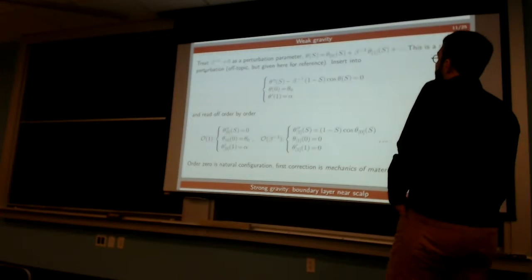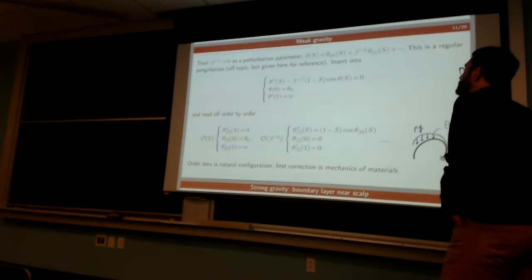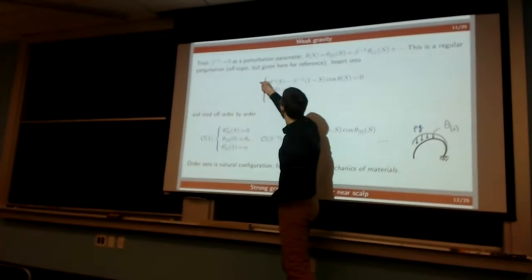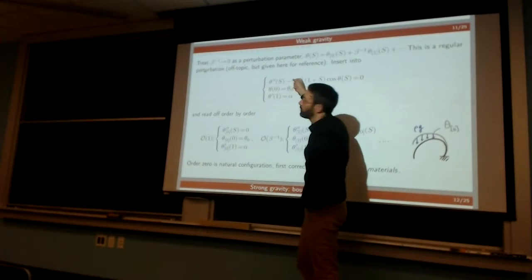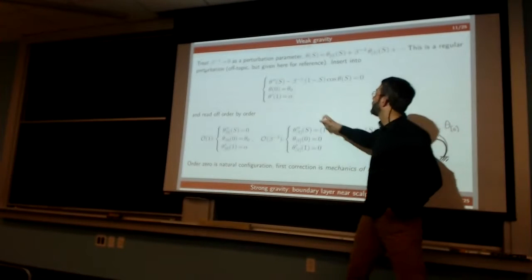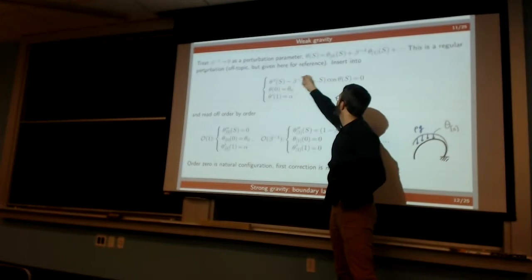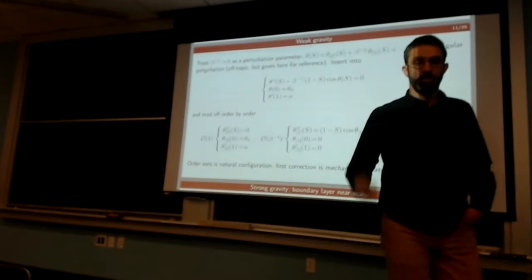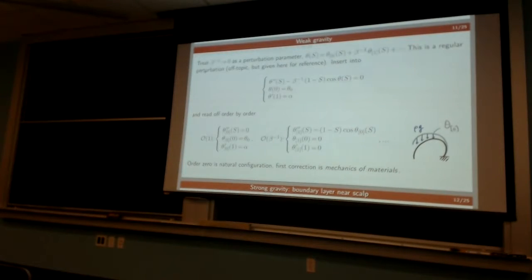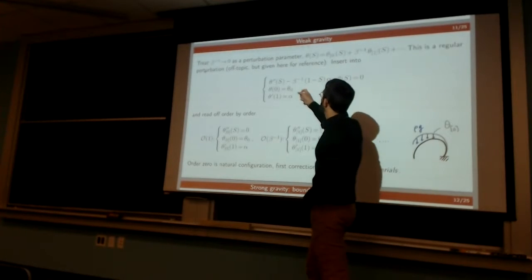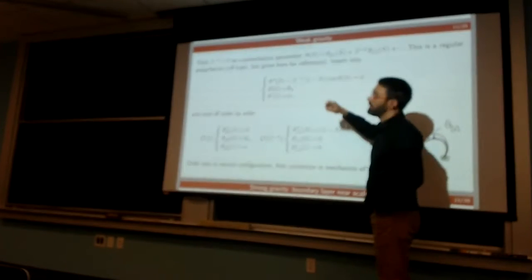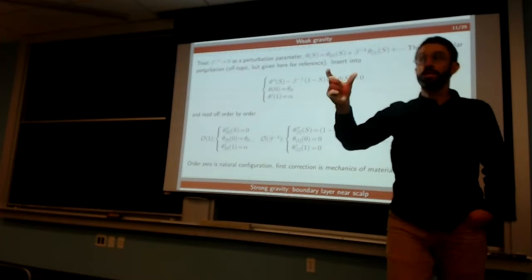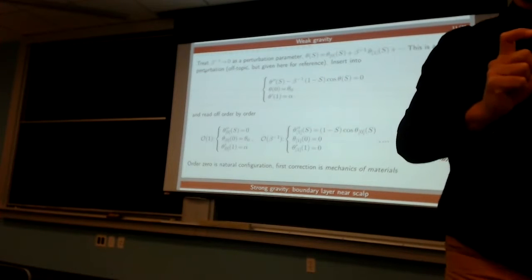So the first thing we do is to divide by beta, so we have 1 over beta here. Now this is the weight, the pulling force. And then we can look at beta minus 1 as a small parameter. So that means we are taking a light or short hair.